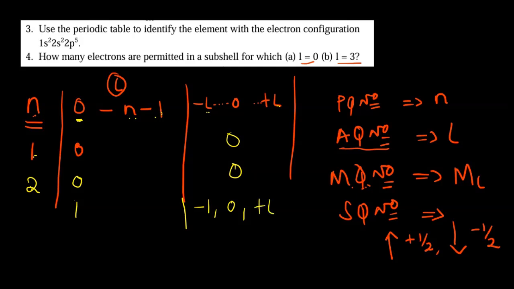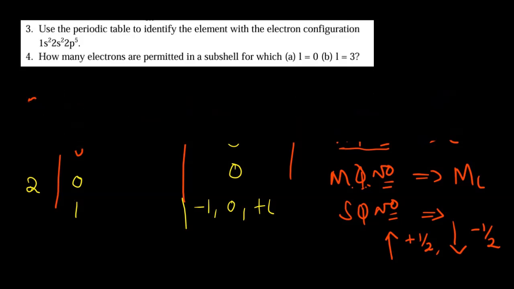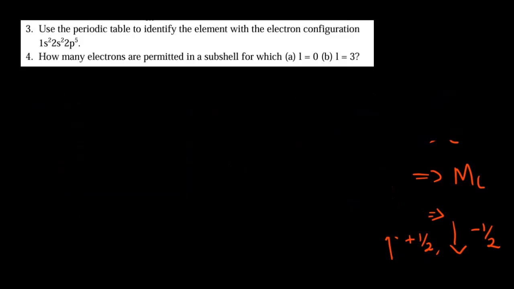So this knowledge here is what we are going to be using in order to find the answer here. Now there, L is equal to 0. It means what was our principal quantum number? Here the principal quantum number was just 1.